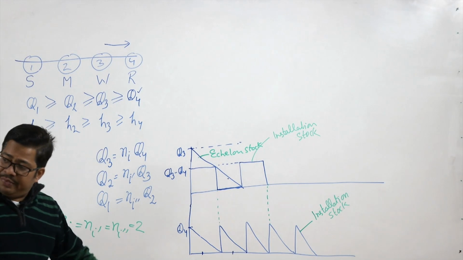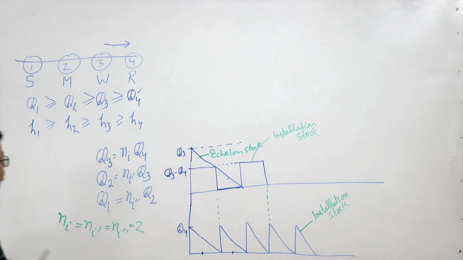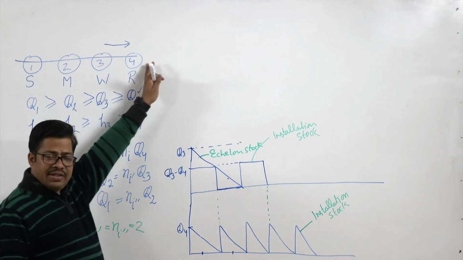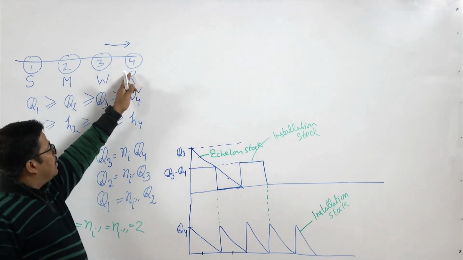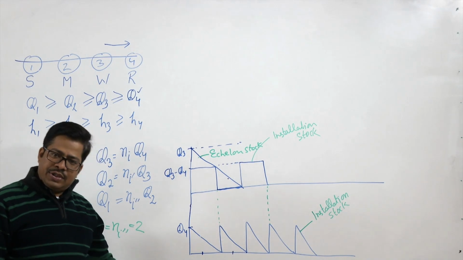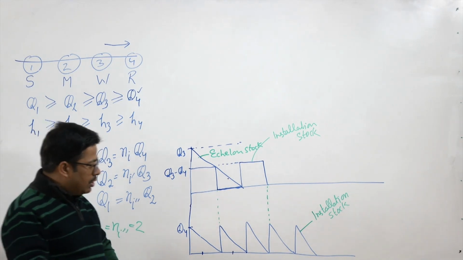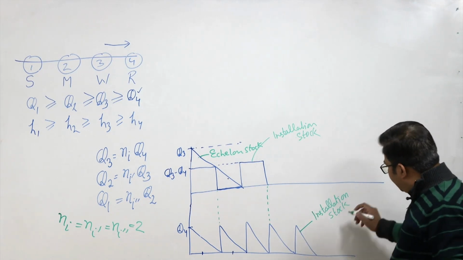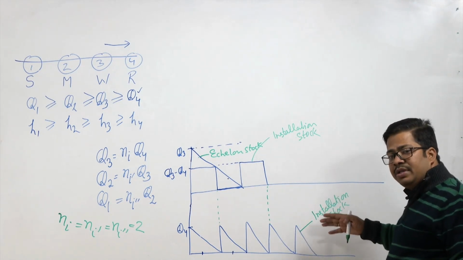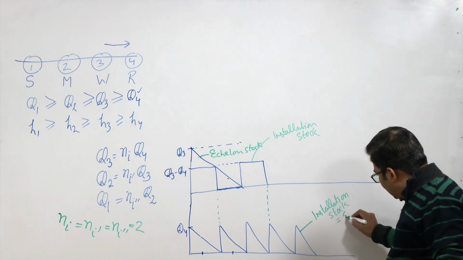In case of stage 4, since there is no stage after stage 4, whatever inventory is there at stage 4 is the installation stock as well as the echelon stock. So in case of stage 4, this curve represents installation stock as well as echelon stock.